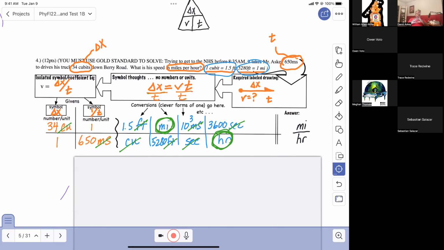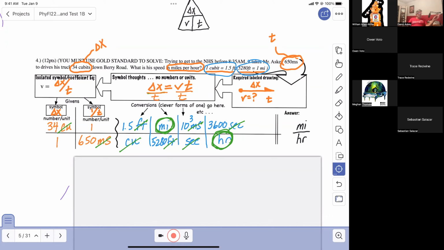But I think it's enough to try and get you to understand the idea of gold standard than to throw all that at you. So if I give you conversions, they need to be used. And say you have no idea how to work a problem, but you do see conversions, then stick those in the conversion area. You're going to get some points for that. I mean, you eat, live, and breathe off partial credit in physics.